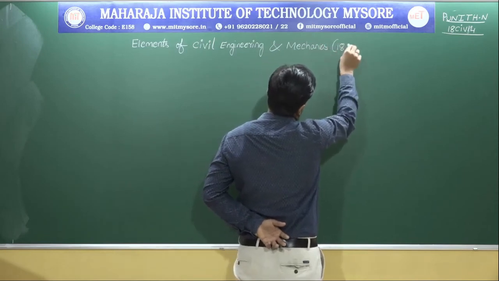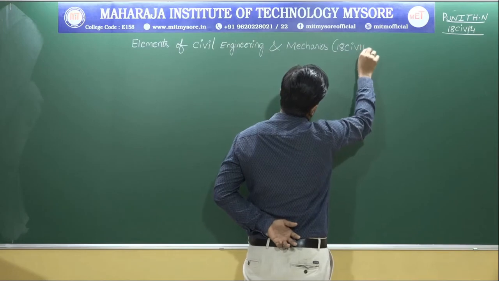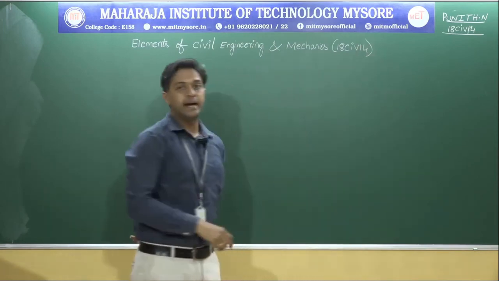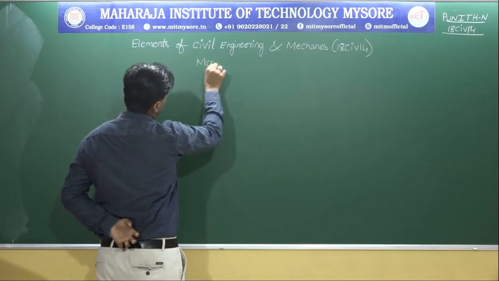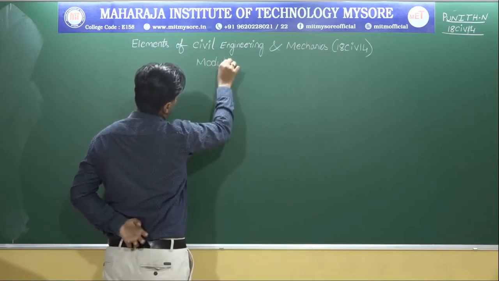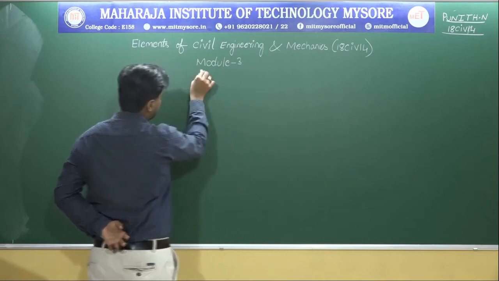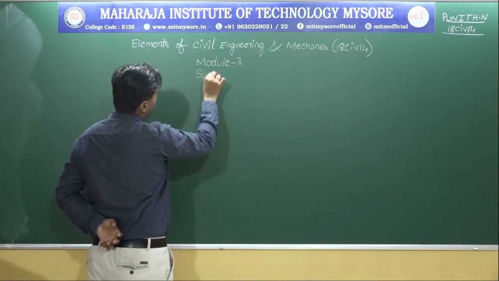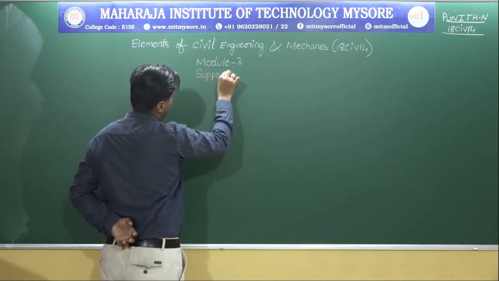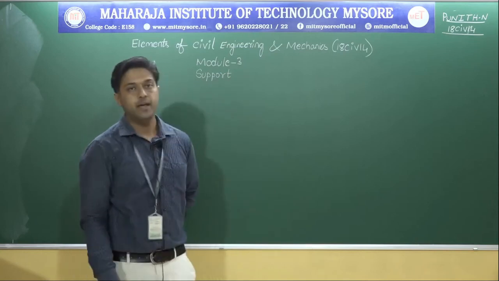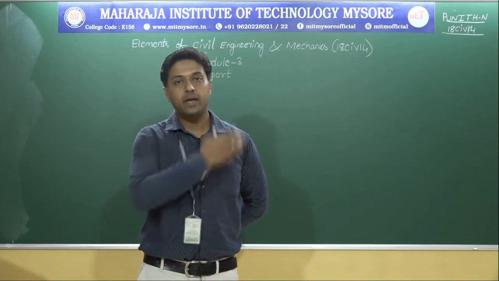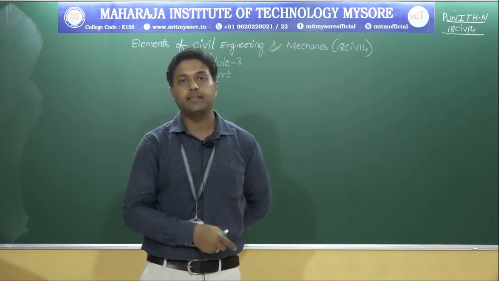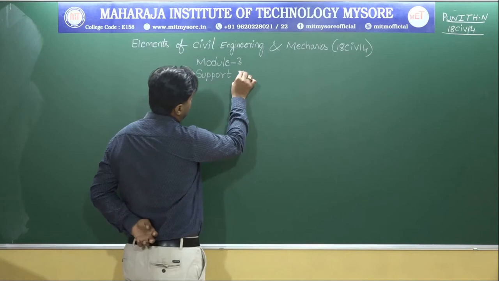The subject code is 18 CIV 14. In that, particularly, I will be taking module 3, that is support reactions. In module 3 there are two topics. One is the support reaction and one more is the analysis of simple trusses. So today let me take up the first topic, that is support reaction.